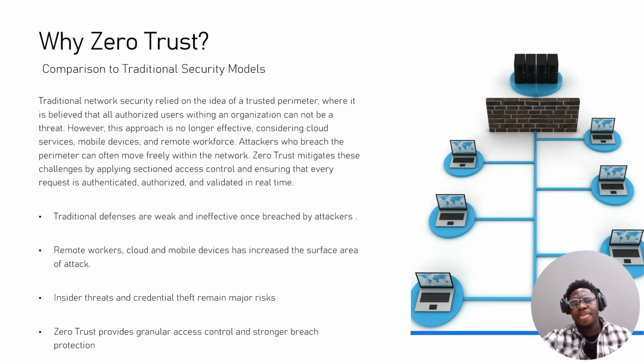Now, why zero trust? Unlike traditional perimeter-based security, which trusts internal networks, zero trust eliminates implicit trust and treats all traffic as potentially malicious, enhancing protection against breaches and insider threats.